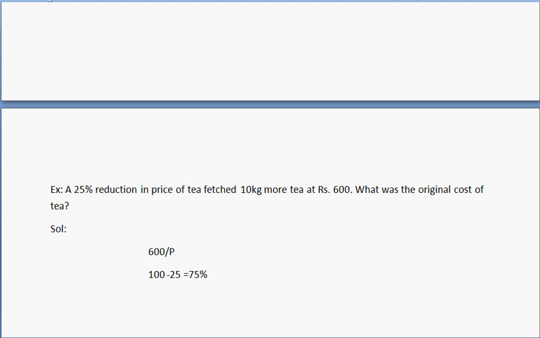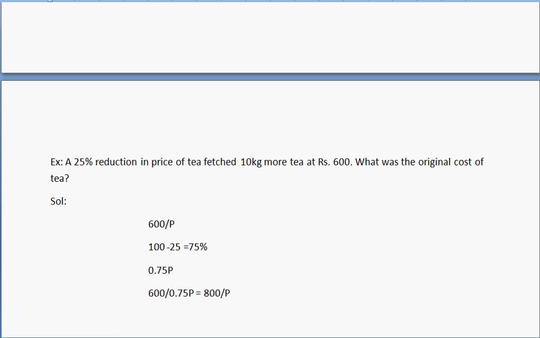So this becomes 75% of the original price, which we can say is 0.75 times P. Now for 0.75 P per kg, how much tea would have been purchased? This means 600 divided by 0.75 P, which means 800 by P would have been purchased now, and 800 by P is 10 kgs more than 600 by P.